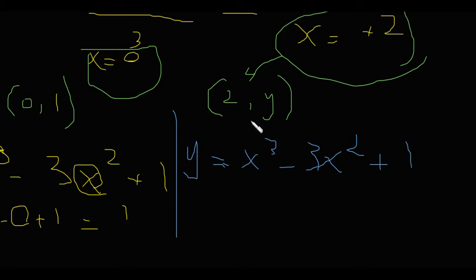So the value of y when the x value is 2 is found using this equation. Now x value is 2, so 2 cubed is 8, minus 3 times 2 squared: 2 raised to power 2 is 4, and 4 times 3 is 12, and then we have plus 1.